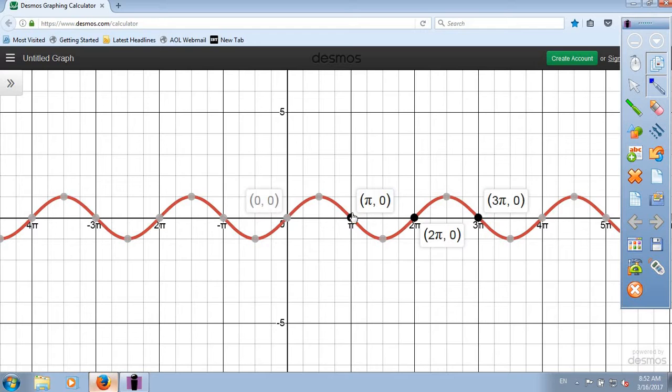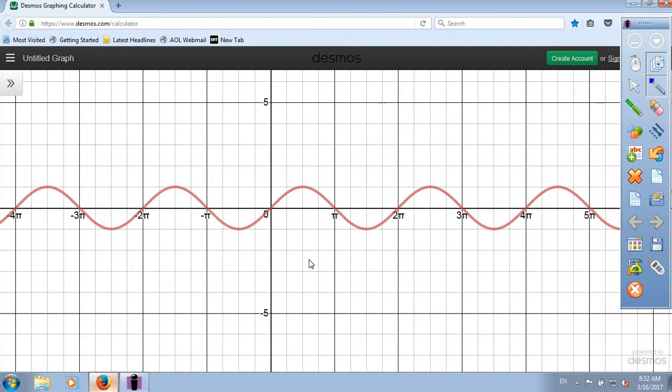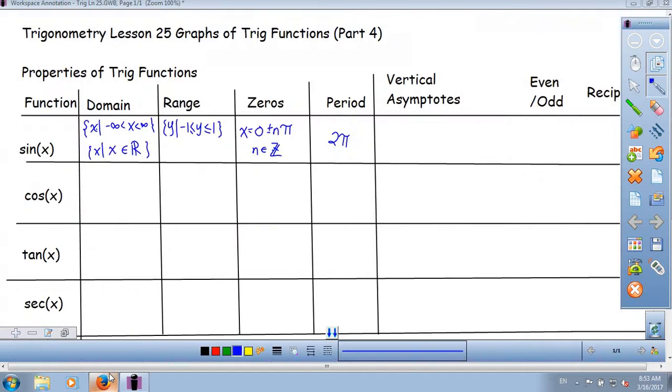As you can see, there's no point where the function is undefined, because our domain is all real numbers. So we can plug in any number and it's not going to give us any undefined or divide by 0 result. So there's none. Let's put not applicable.